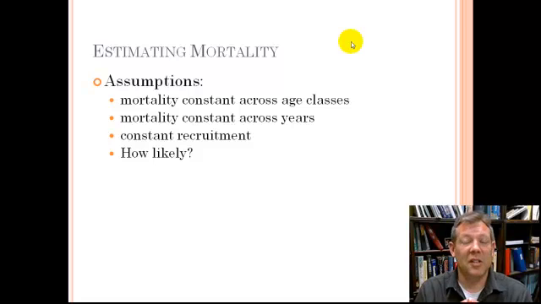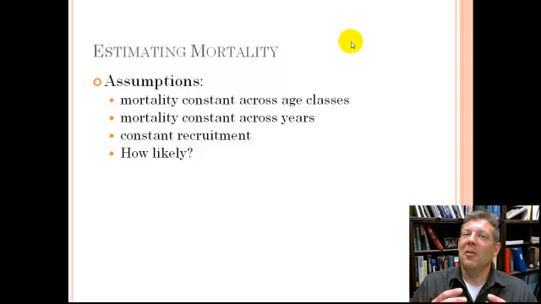Is mortality consistent across years? Well, we know that, especially in things like rivers, weather patterns change, and mortality can change. Is recruitment constant every year? We already talked about how young of the year mortality is quite variable, and we have strong year classes and weak year classes. So those assumptions may or may not be tenable.